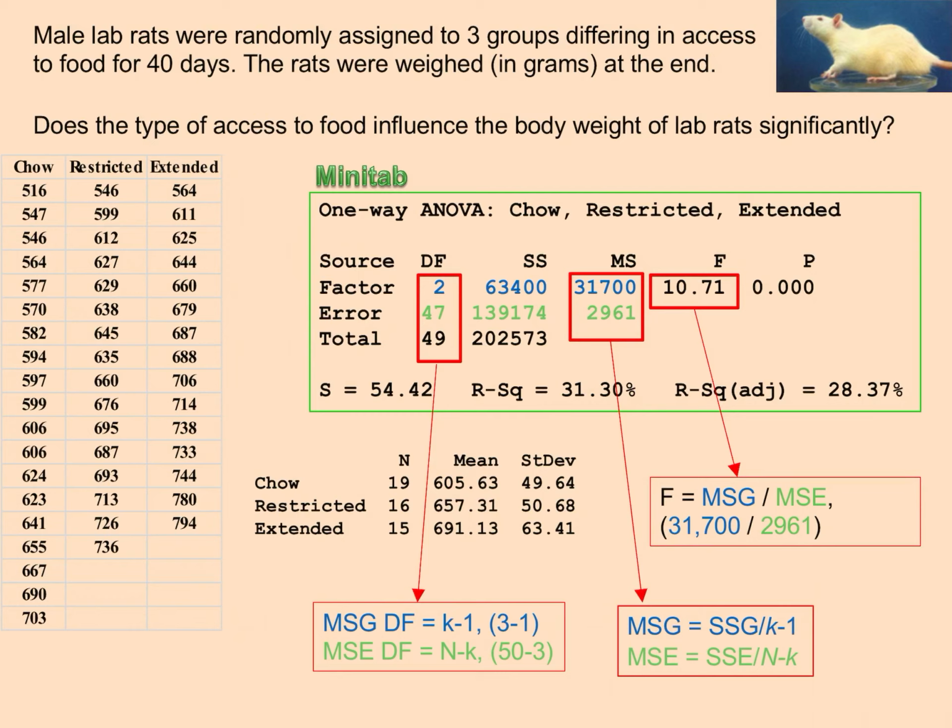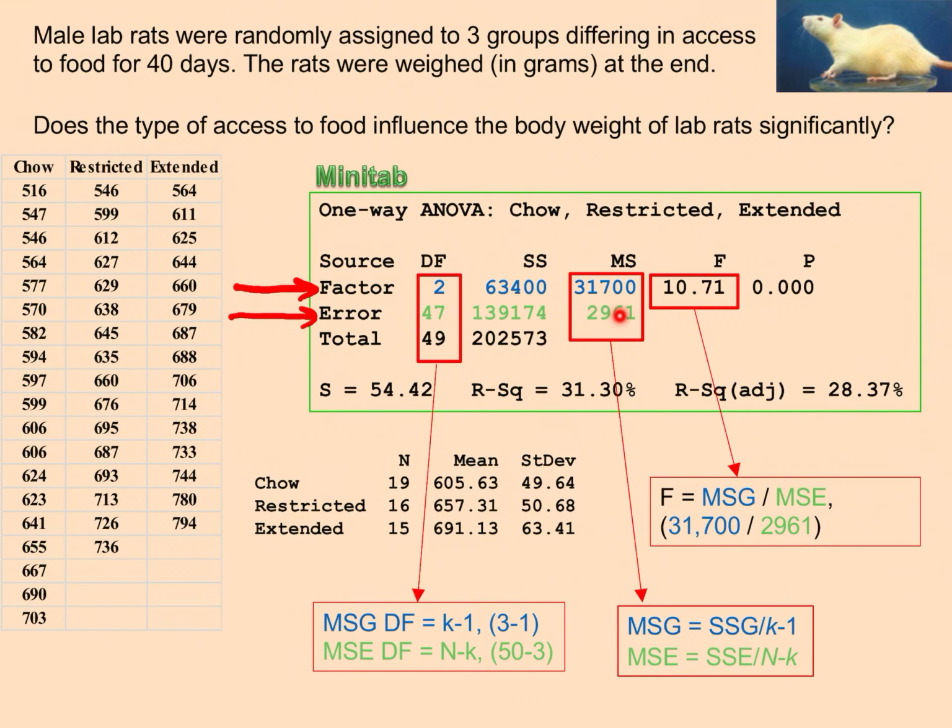Okay, now, what do we have in our table? Well, first of all, this first row called the factor, that is your mean square for groups row. Remember that. That is groups. The second row called error, that's your mean square for error. So 31,700, that's your mean square for groups.